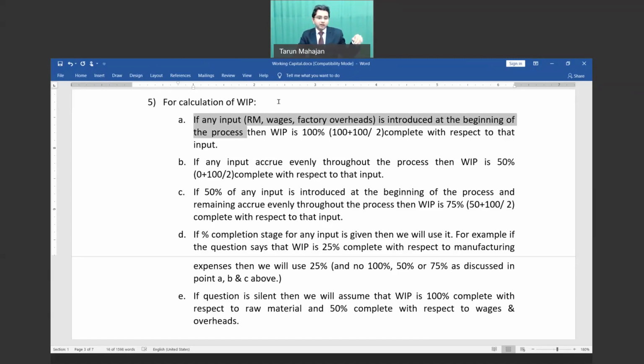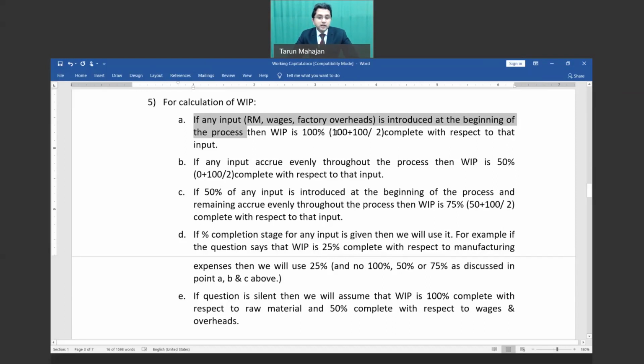At any level, when I check raw material, initially if I introduce the full unit of raw material, full 100% unit of raw material, then at any level if I check it, it will be 100% complete as far as raw material is concerned. If initially it was 100%, then throughout the process it will remain 100%.